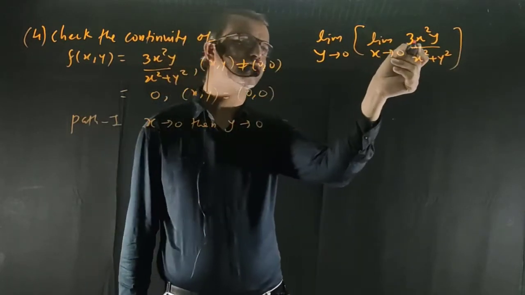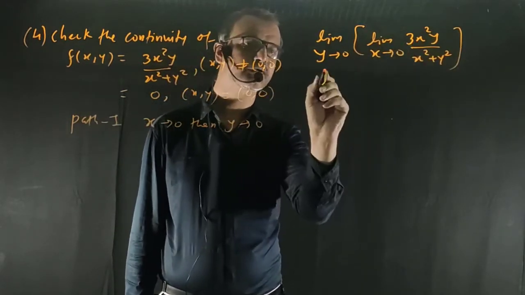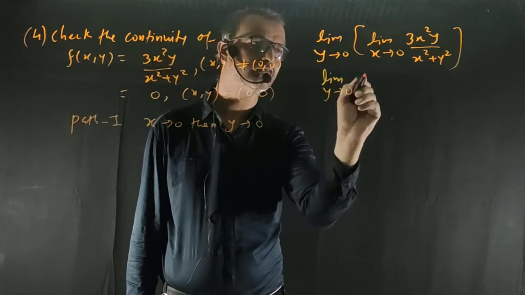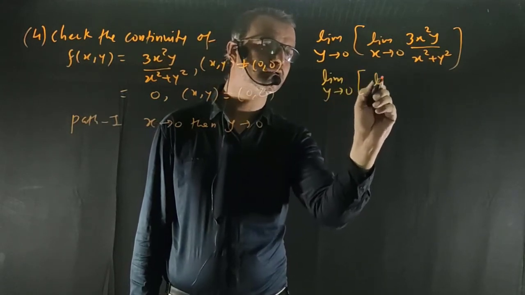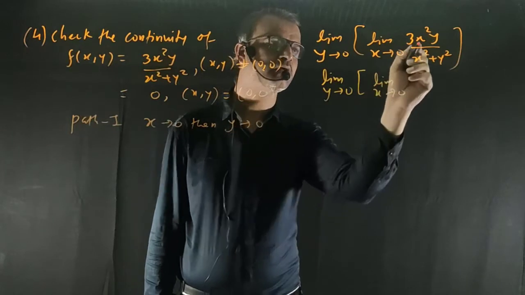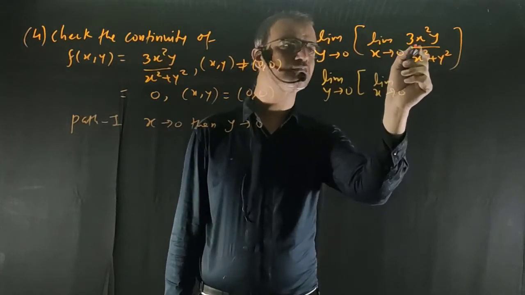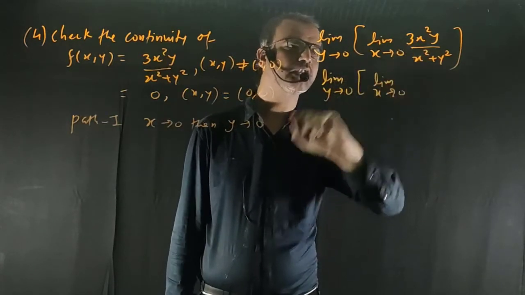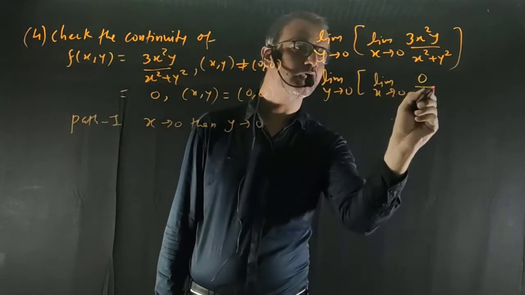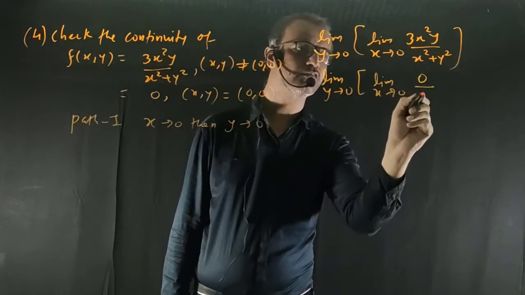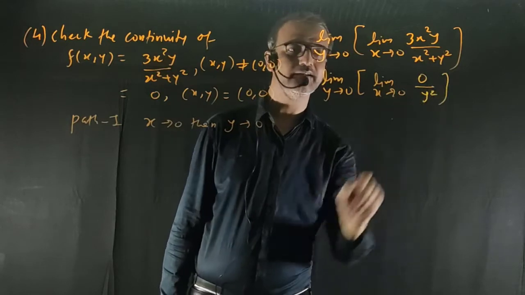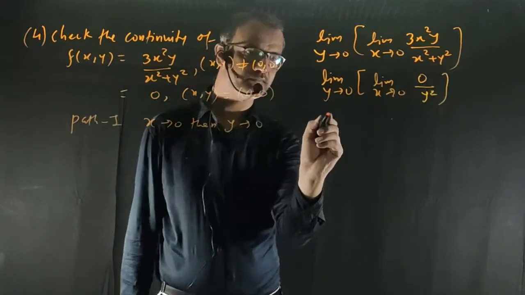So now we will put the value of x equals 0 over here. So this is limit y tends to 0, limit x tends to 0. Now if we put the value of x equals 0 over here, 0 multiplied by any value, the result is 0, and divided by 0 square plus y square, the result is y square, and 0 over y square, the result is 0.